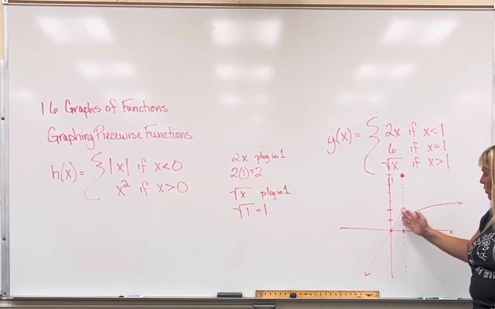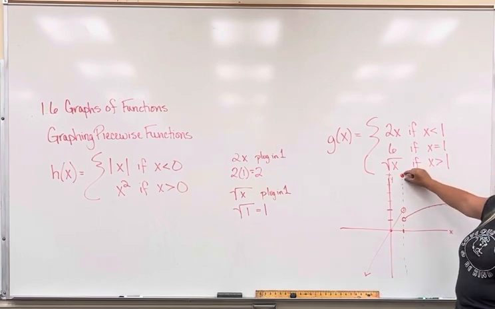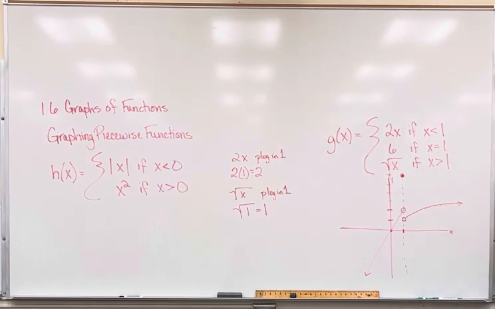So less than 1, you've got this line headed in that direction, then you've got this random point, and then you come back and you have an arc. And that's how we use piecewise functions to draw basically very weird looking graphs. Okay, but now we can do that.